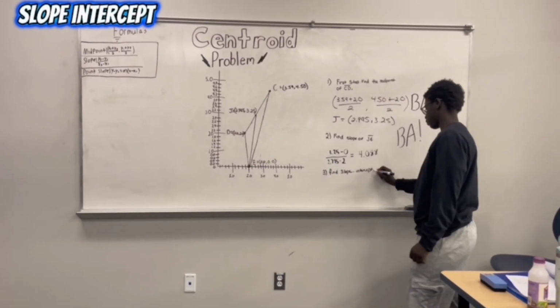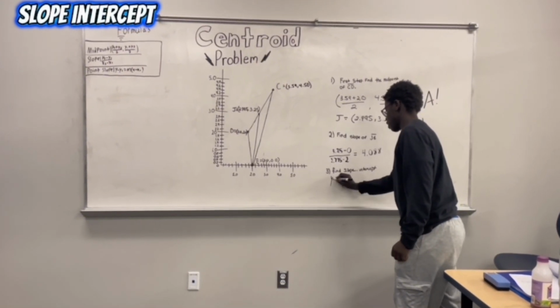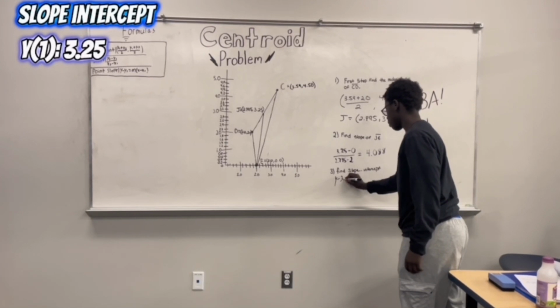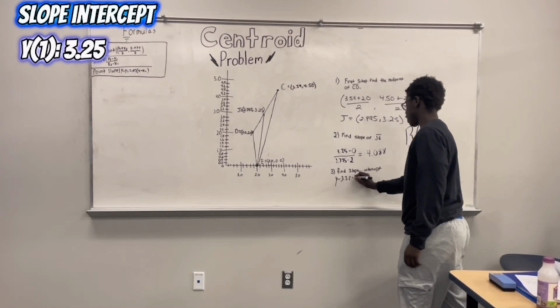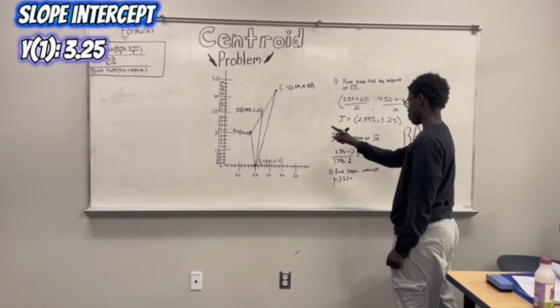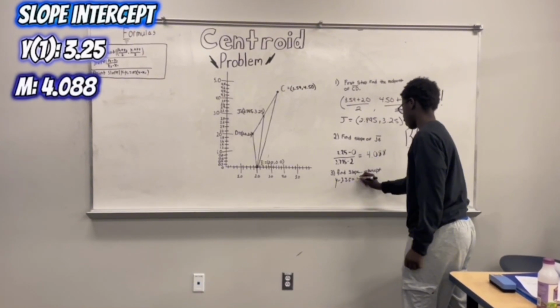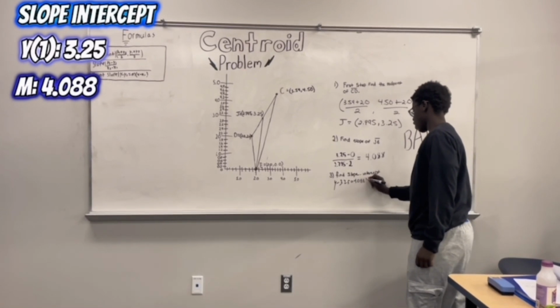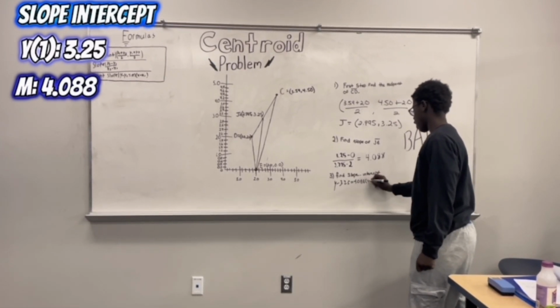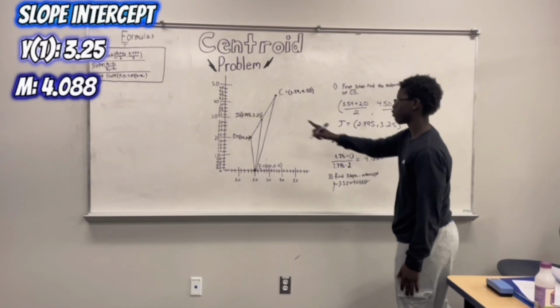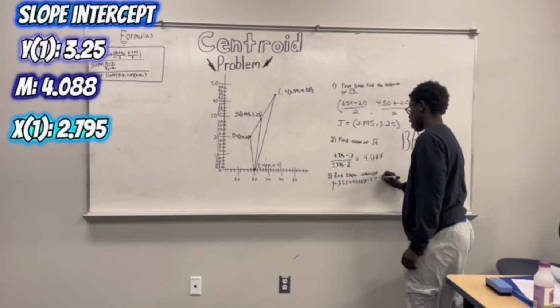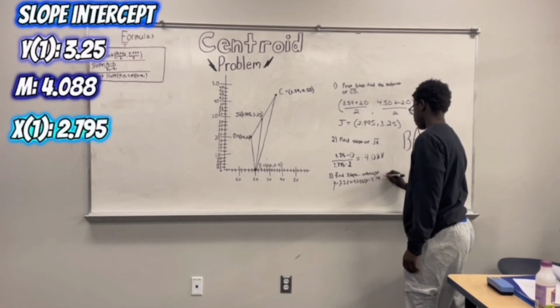So it would be y minus our y1, we would plug that in, which would be 3.25 equals our slope of 4.088. And we would multiply that by x minus our x1 of J, which is 2.795.